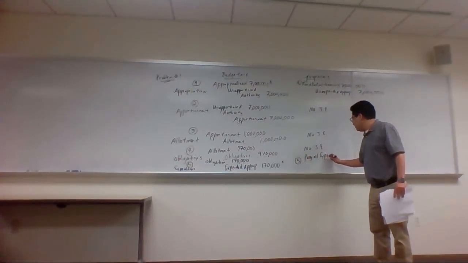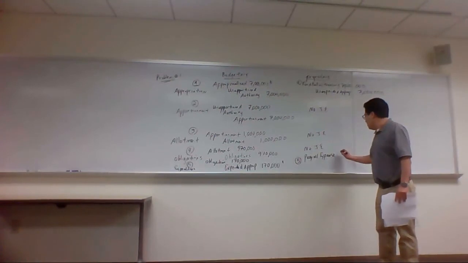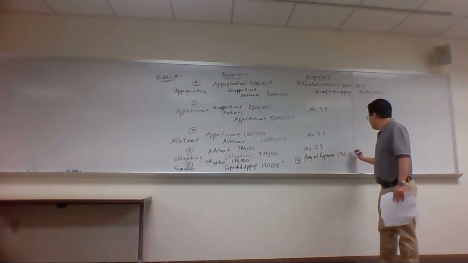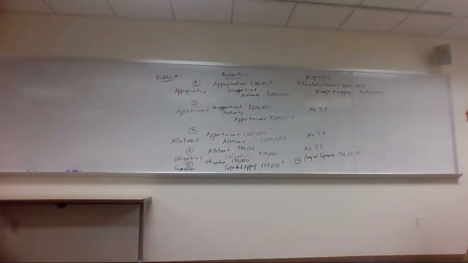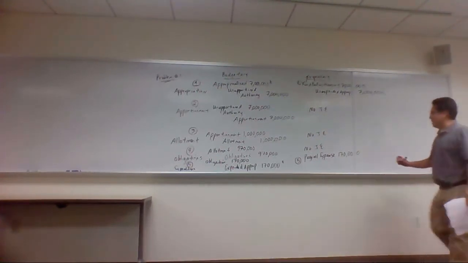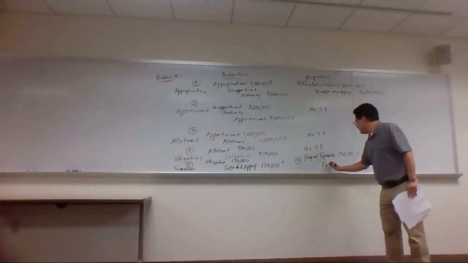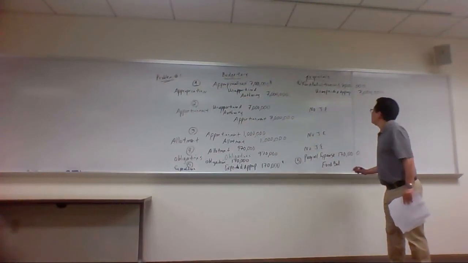How much was that for? 170,000. If you paid it in cash, I feel like I wouldn't credit cash, but I can't. I'm supposed to use fund balance with treasury.